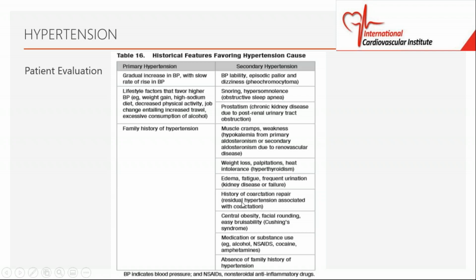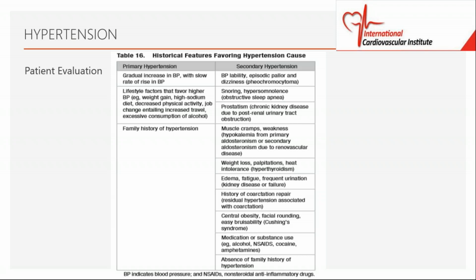If the patient has a prior history of coarctation repair, they can also have residual obstruction and upper body hypertension. Central obesity, facial rounding, easy bruisability, suspect Cushing syndrome. So pay attention to the patient when they come in to see you.